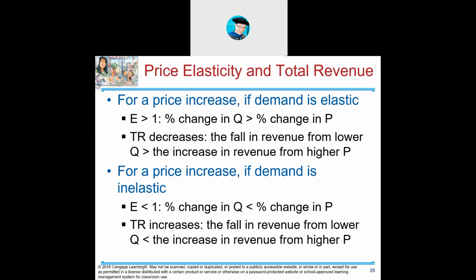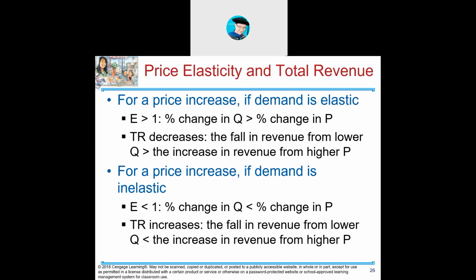That's when it's elastic, because I'm going to buy less if the sales price is higher. I'm sensitive to that price increase. Elasticity is measuring my sensitivity to the change in price.